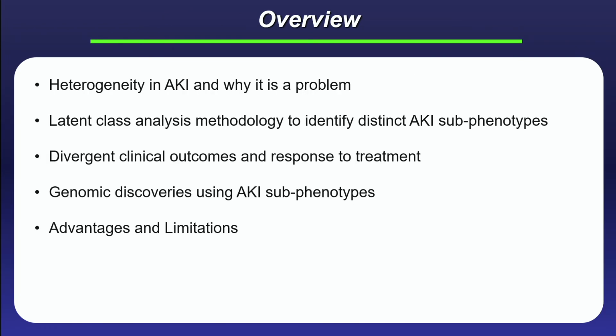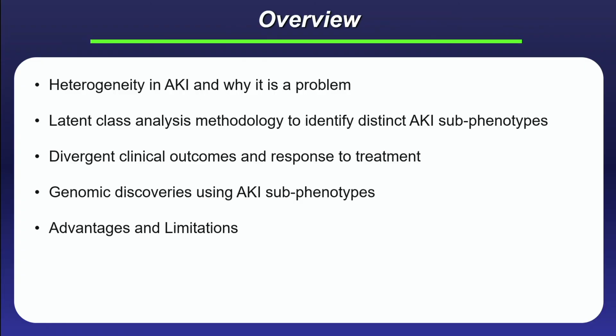So for the overview of the talk, first we're going to be talking about the heterogeneity in the acute kidney injury clinical syndrome and how this heterogeneity may limit the identification of potential therapeutics. Then talk about a methodology we've been using called latent class analysis and how we're able to use it to identify distinct sub-phenotypes of acute kidney injury.